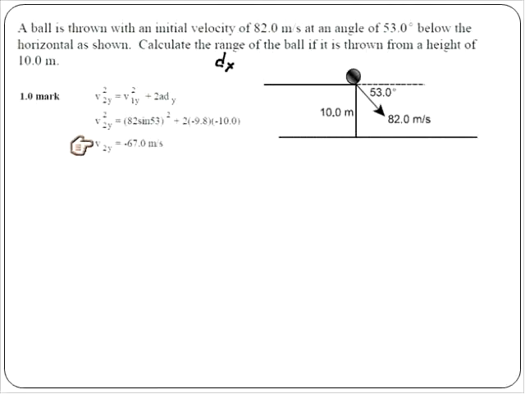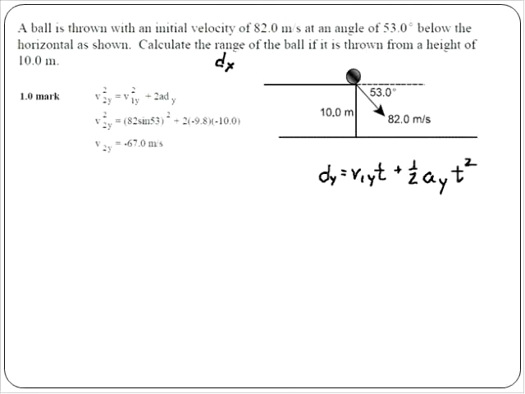So what they've done here in this solution is they've decided to find v2 first. Now there is another way to do it. Let me just very quickly jot down another way you could do that. You could have said dy equals v1y times t plus a half of ay t squared.